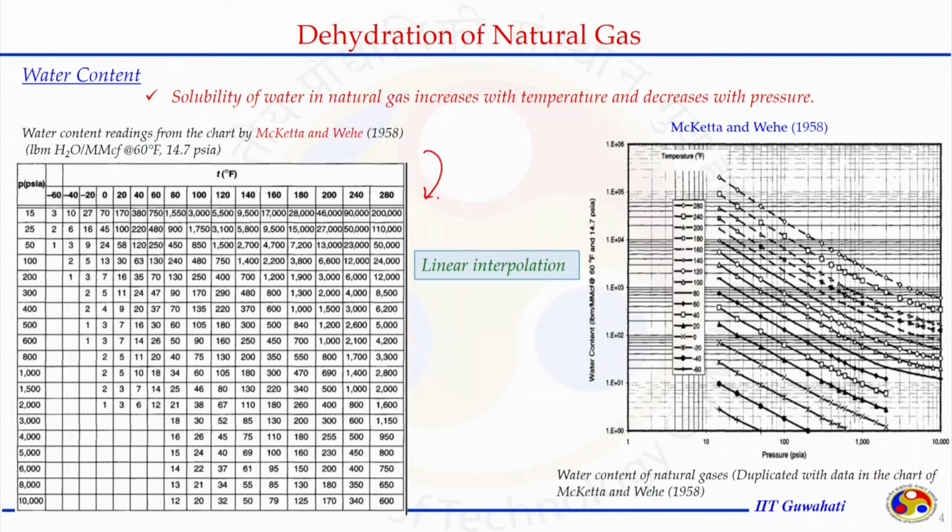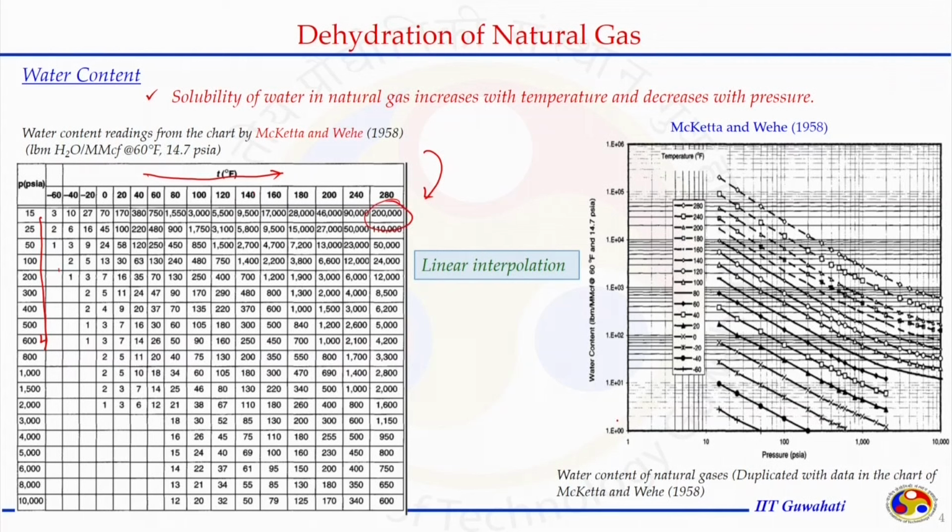That says, at a particular pressure and temperature, what is the solubility of water, or, the other way, what maximum amount of water can be present in the natural gas. We can see from this table that as we increase the pressure, the water content decreases. Similarly, when we increase the temperature, the water content increases.